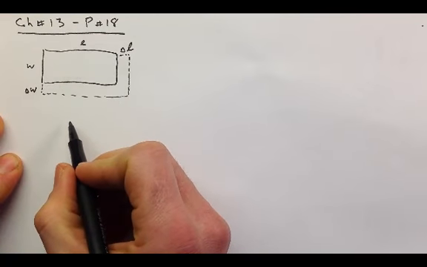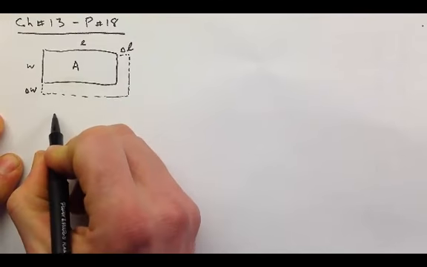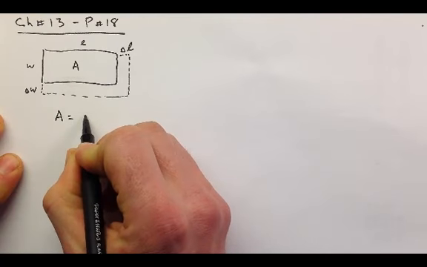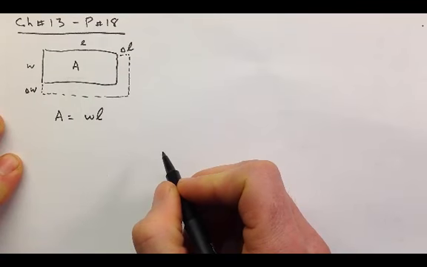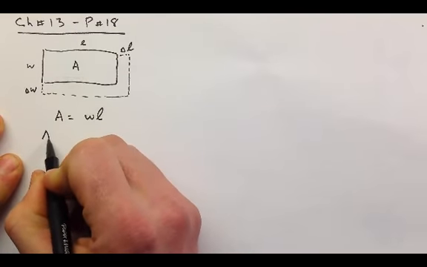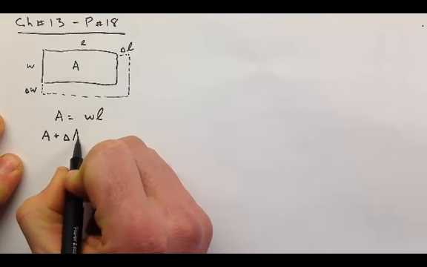So here's some hints to get you going on this problem. First of all, remember here that the area, the original area here is just A, which is WL, right? Length times width is the area of this block. Well, after this thing heats up, it would have area A plus delta A, right?